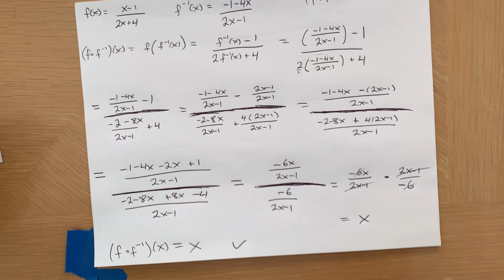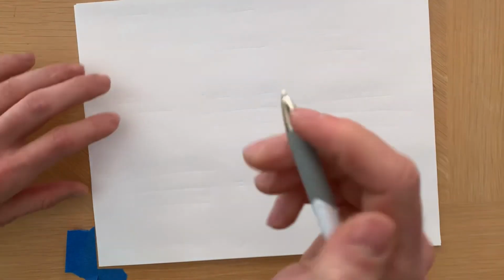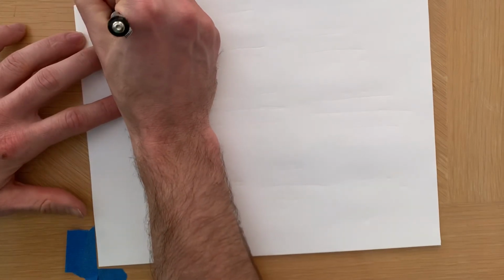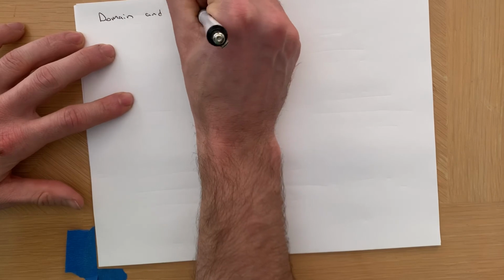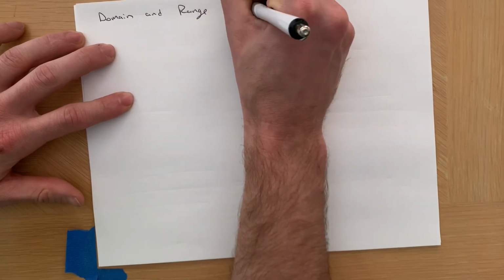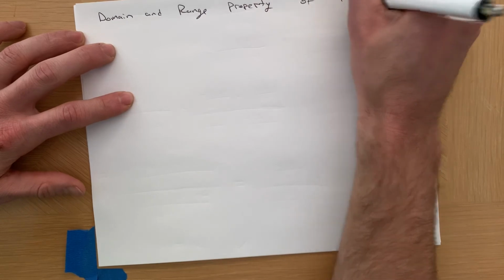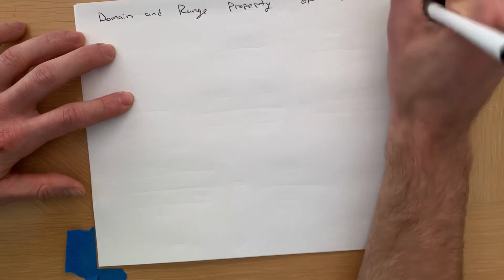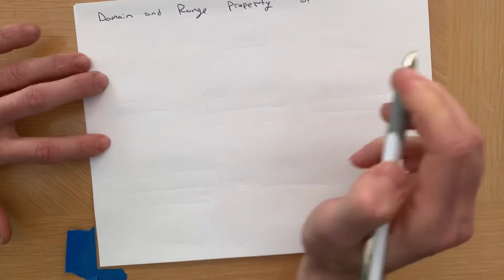Okay, so the last thing from this section. This is just like a domain and range property. F of x and f inverse of x. So there's a relation between the domain and range of these two functions.